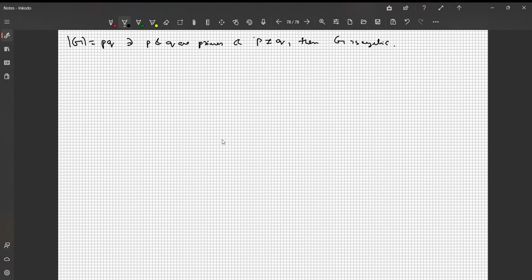I don't have much time to prove this now, but I will give a hint. Use the Cauchy theorem. The Cauchy theorem says that if G is a finite group and a prime P divides the order of G, then there exists an element g in G such that the order of g is that prime.